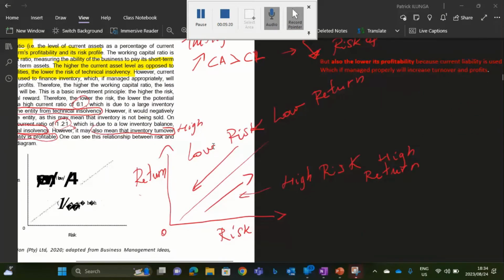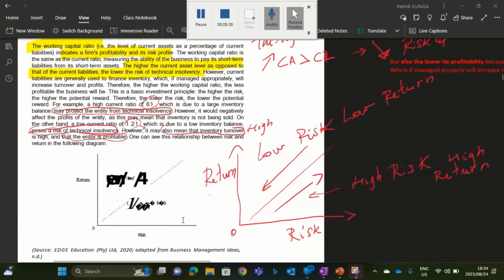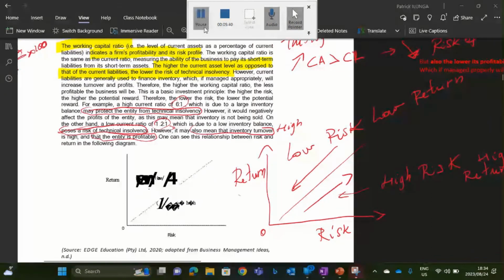So the graph here is quite a useful one. You can see the two axes, the return axis and the risk axis, and you can see that the higher the risk, the higher the return, and the lower the risk, the lower the return.